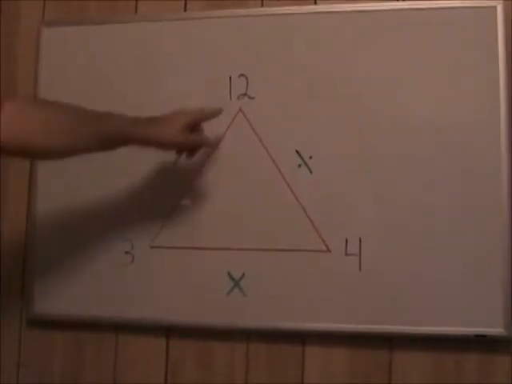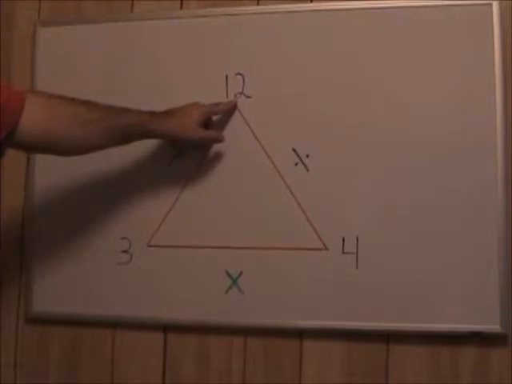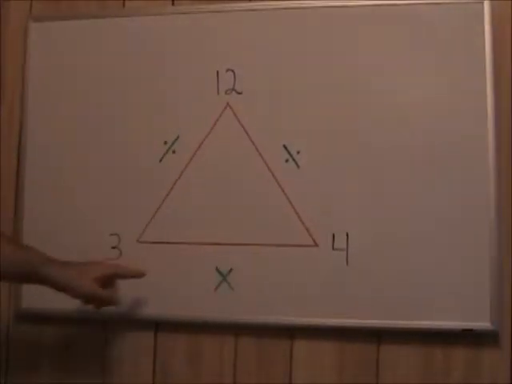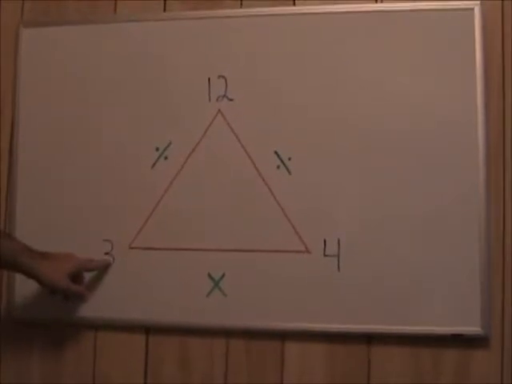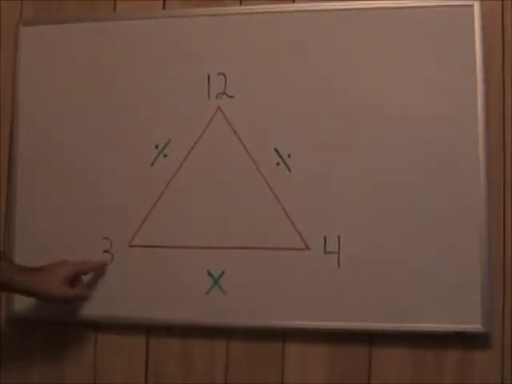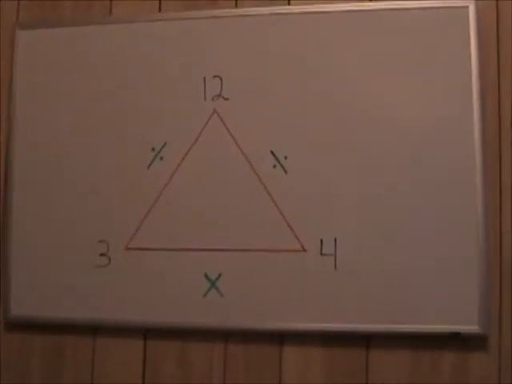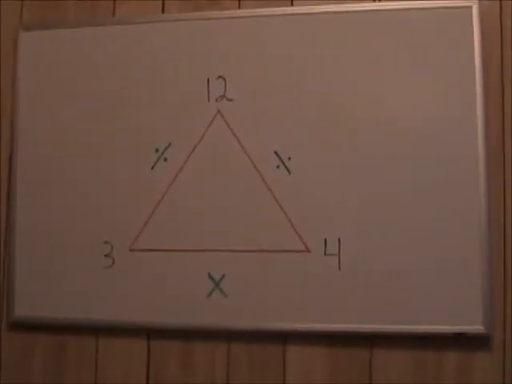Or, we can start with the 12 and we can start with division and say 12 divided by 4 equals 3. And the opposite of that, or the inverse, is 3 times 4 equals 12. So we can see how they are related.